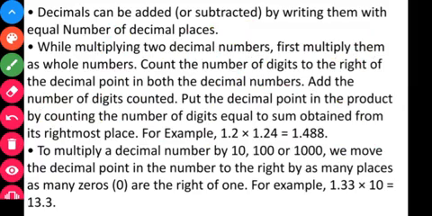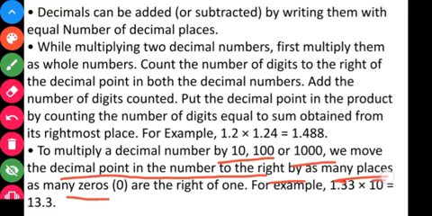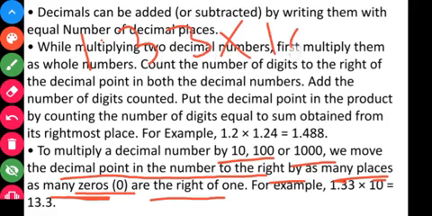Now next, to multiply a decimal number by 10, 100, 1000, we move the decimal point to the right as many places as there are zeros right of 1. Okay, so to multiply any decimal by 10, 100 or 1000. So for example, here 1.33. When you multiply this number by 10, then this decimal point will be shifted to the right side.